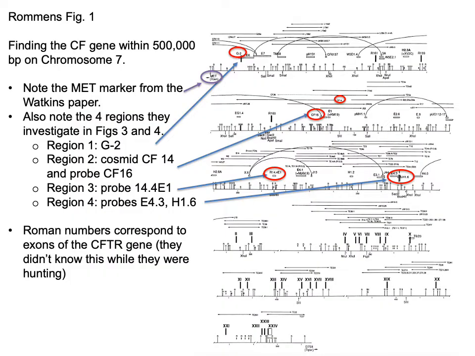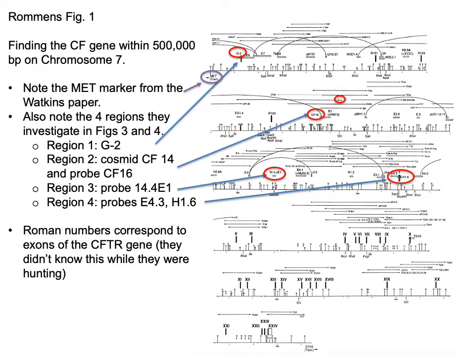Okay, so in the Ramans paper, as I said, they did a whole lot of chromosome walking and jumping, but what we're going to focus on is how they actually tested some different regions. So you can see in this complicated looking figure that this is the 500,000 base pairs of chromosome 7 that they were testing.